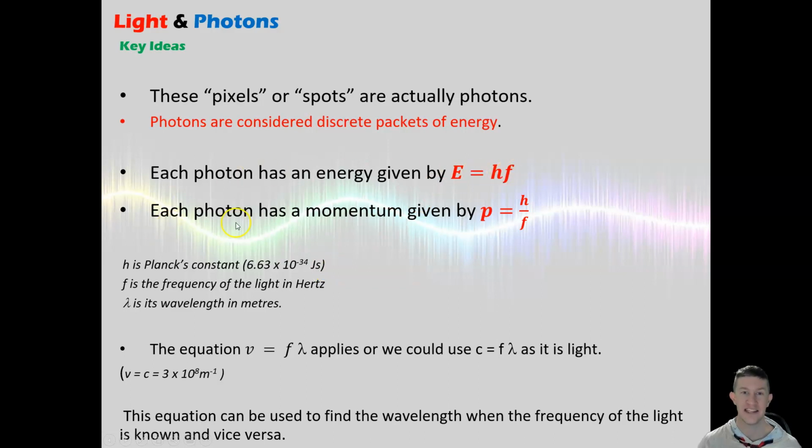Each photon has a momentum given by P equals h on lambda, and the wave equation that we've seen before, v equals f lambda, applies, or we could use c equals f lambda, because the speed is the speed of light. So c, being the speed of light, equals f lambda. We can use this to find the wavelength when the frequency of light is known, and vice versa.